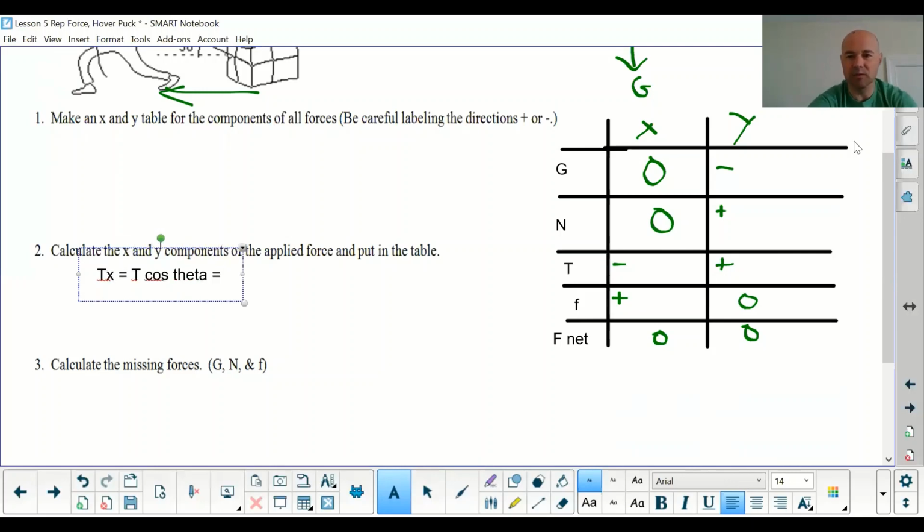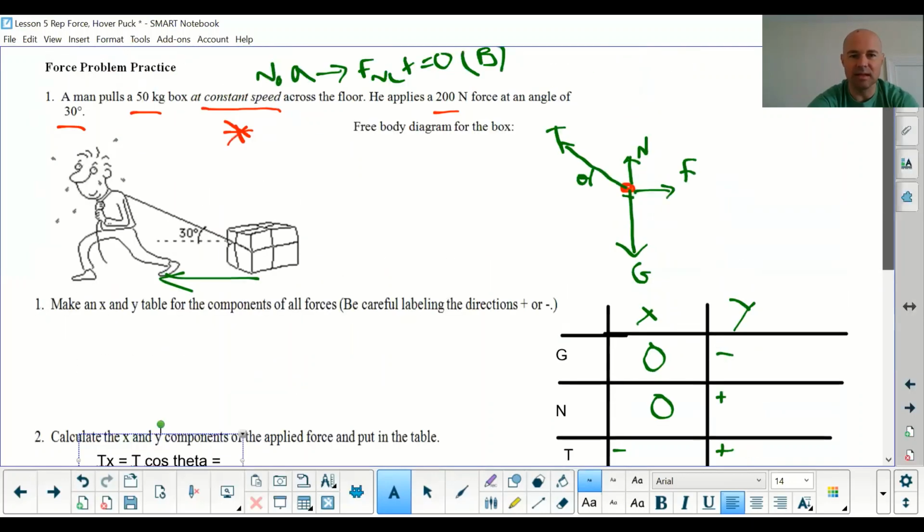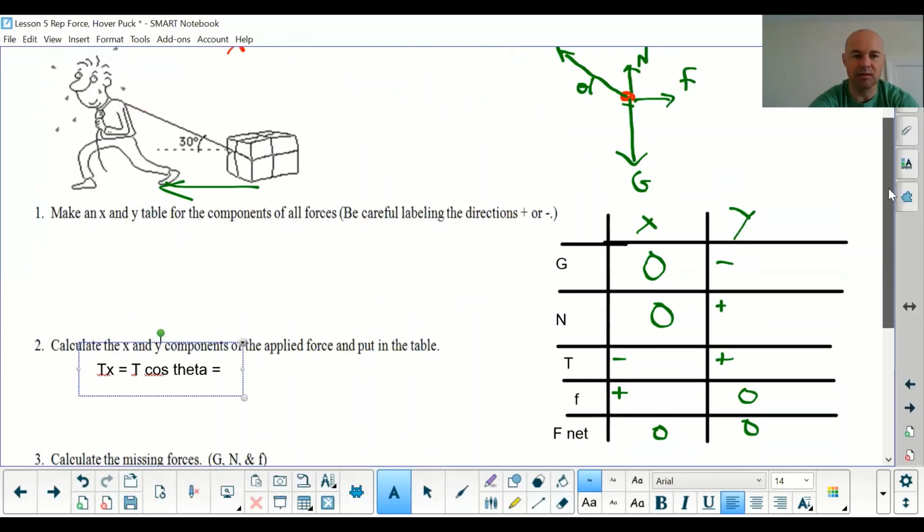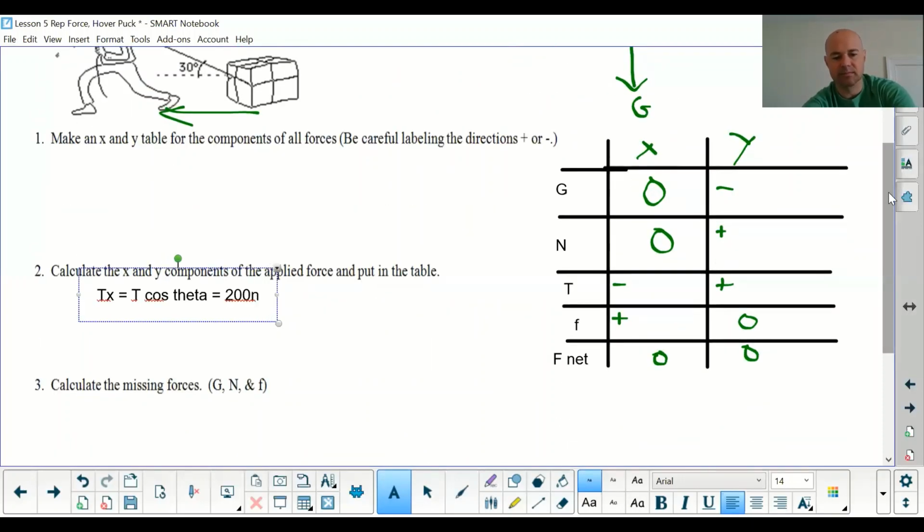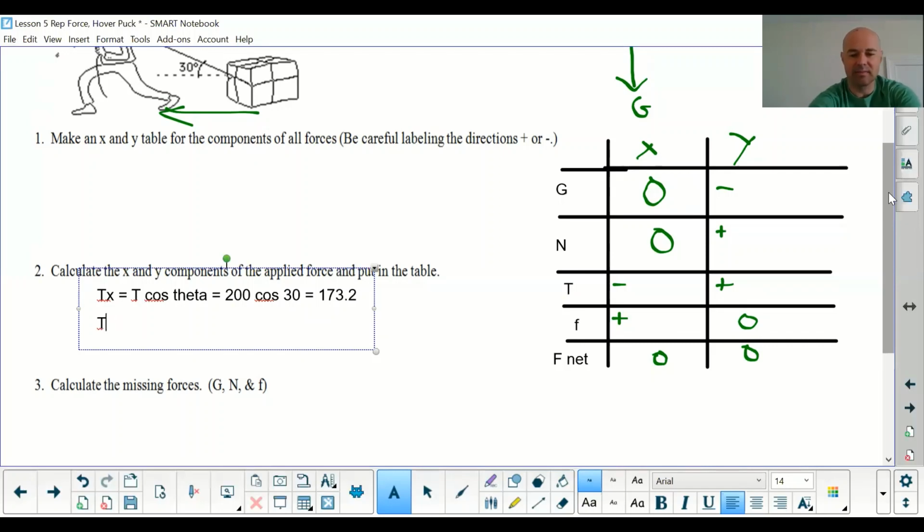So the tension force, if we go back up here to the problem, says that it's being applied at 200 newtons at 30 degrees. So it's going to be 200 cosine of 30. And if you put that in your calculator, it gets you 173.2. It might be rounded, but you only have to go one decimal.